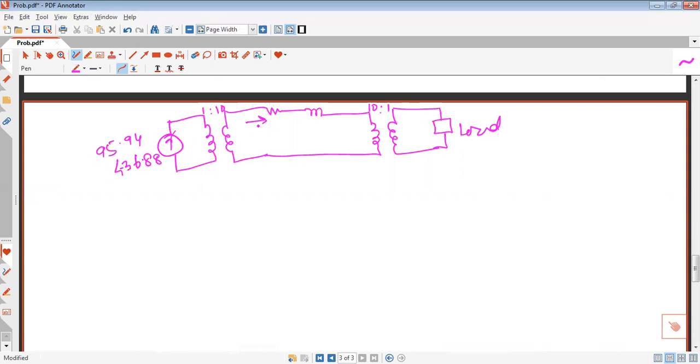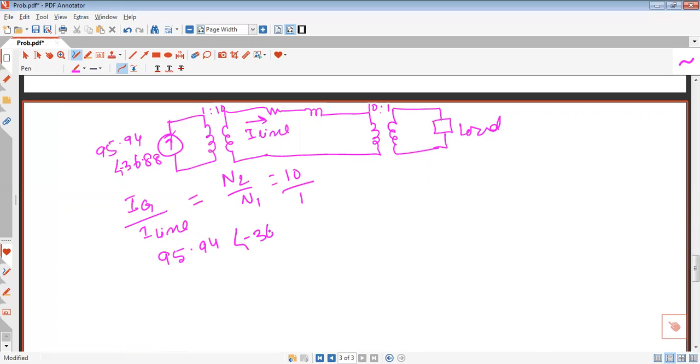So we can find out the line current here. How can we do it? Ig by I line will be equal to N2 by N1. This is an inverse relation. N2 is 10, N1 is 1, and Ig is given here as 95.94, angle minus 36.88, and I line is not known, we have to calculate it.